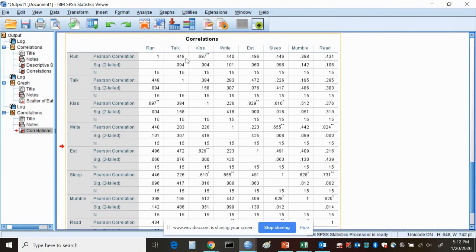It has a moderate association with talking, a bit stronger association with kissing, again, a moderate association with writing, eating, sleeping, the lowest association with mumbling, and a moderate association with reading. So we could say that running and kissing are the strongest relationship, or the strongest relationship with running is with kissing.